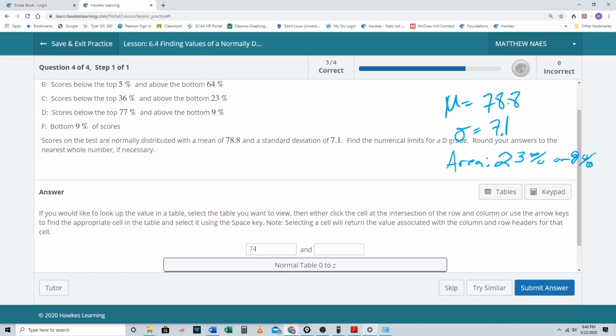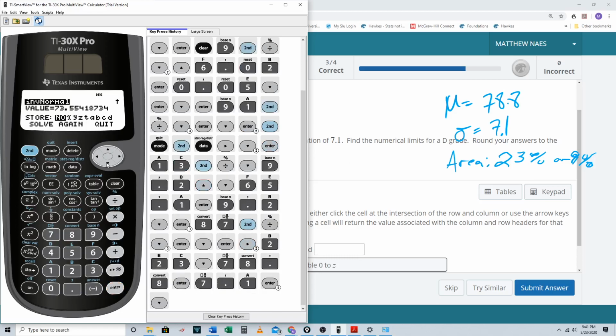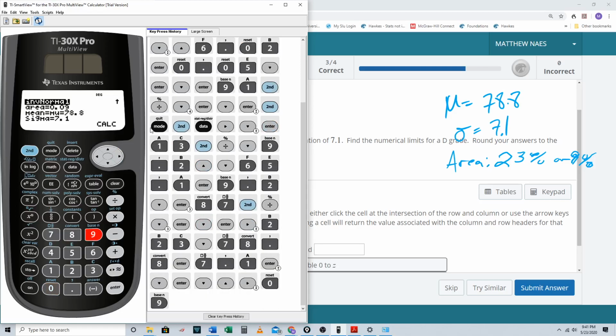Okay. Then we had 9%. All right, solve again. 9%, which is, again, if you want to type in the percent, I'm just going to type in 0.09.